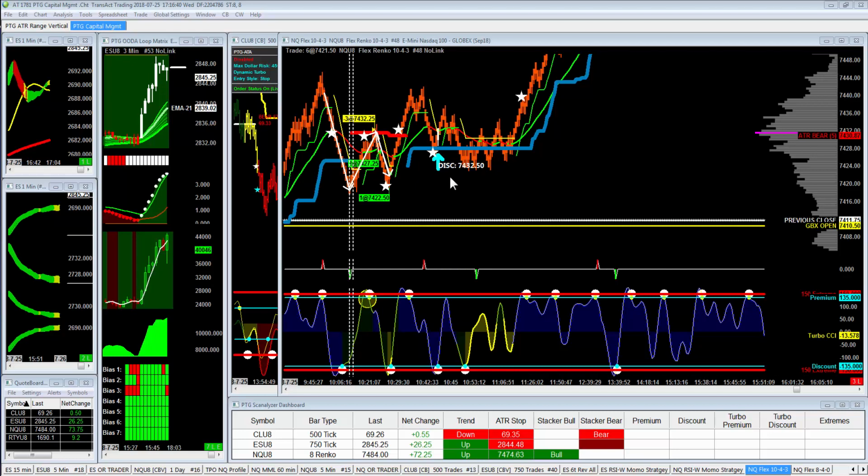So I know what probabilities favor first pullbacks to the ATRs. That's a high quality, high probability trade. It certainly has its risk, but what we work very strongly to do is to minimize and mitigate the overall risk.